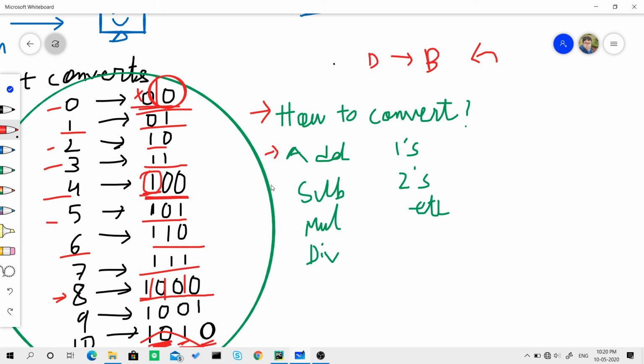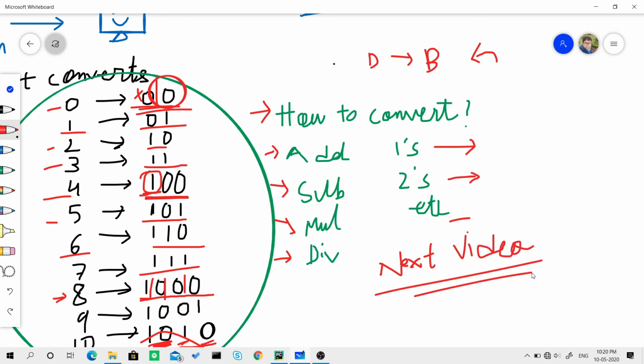Then how to add binary, subtract binary, multiply binary, and divide binary. Then we will show you one's complement and two's complement of binary, and so on. These will be the next videos, uploaded from time to time. No specific date or time is given. I will do it when I get the time.